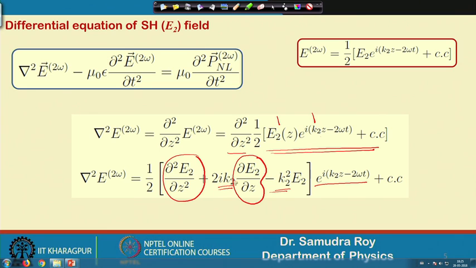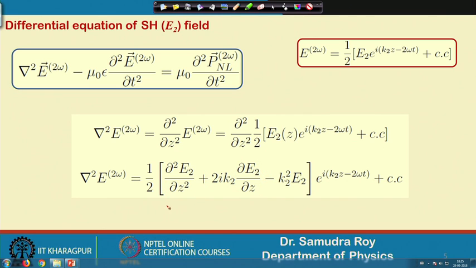So, I will have i k2, and 2 will be multiplied, because we will get this term 2 times. Eventually we will have an expression something like this, plus complex conjugate, because the complex conjugate is always there. Even if I take the second order derivative, we will have a complex conjugate term. So, the first part is done. We derived the grad operator over E 2 omega, and when E 2 omega is given like that, we have this term in our hand.